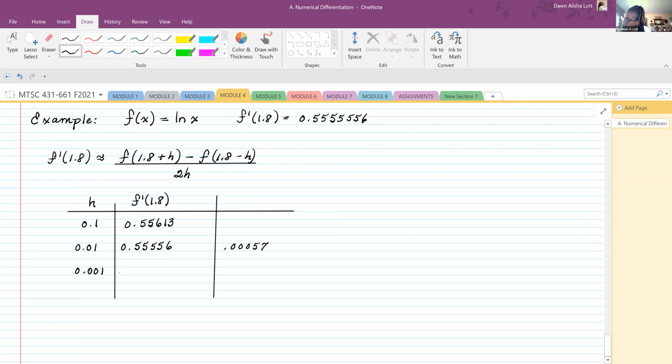And then this one is 0.5555, trying to see how many fives I got, 556, and this error is 0.0000044.